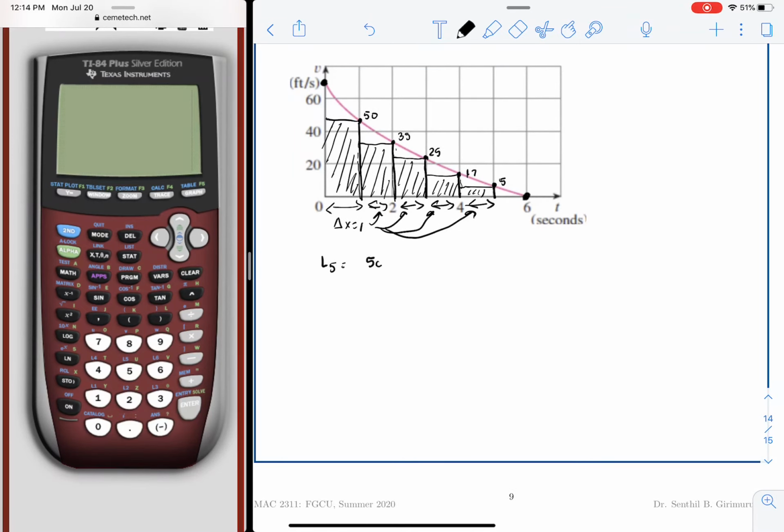So 50 plus 35 plus 25 plus 17 plus 5 multiplied by 1 because delta x is 1. And that is the width of each of those rectangles, and the width is the same. So we will simply have 85, 105, 120, 137 and 142 feet.